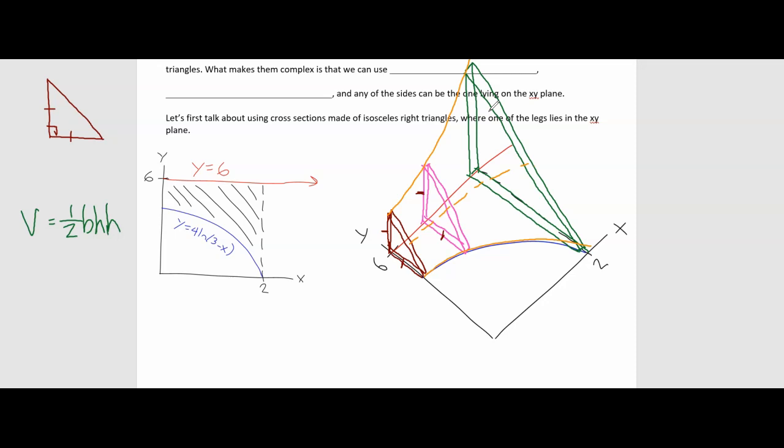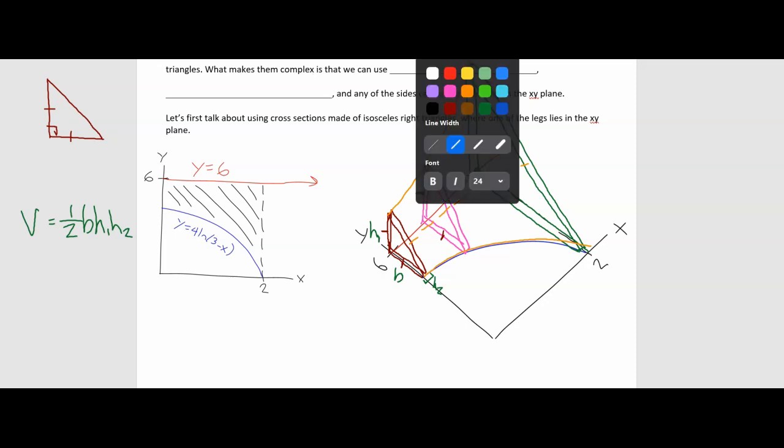So we'll call this H1 and H2, where H1 will be the height, and H2 will be the distance between those bases. And B will just be this distance right here.